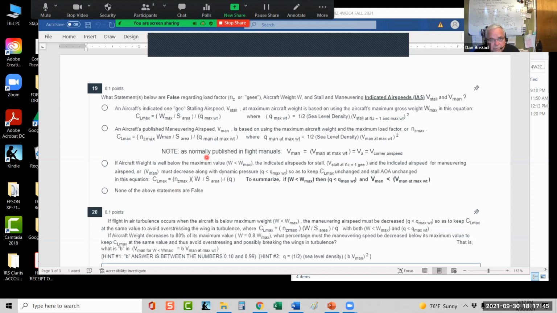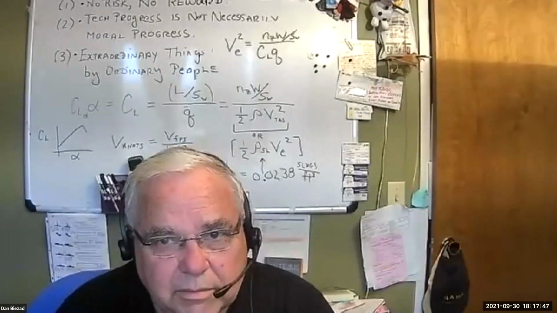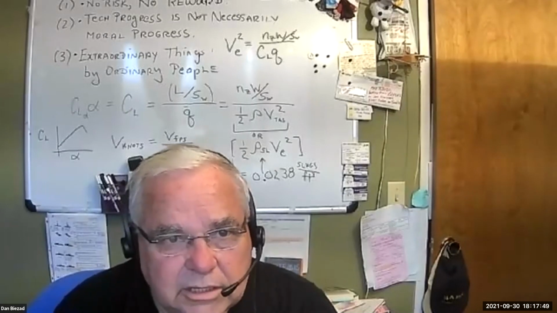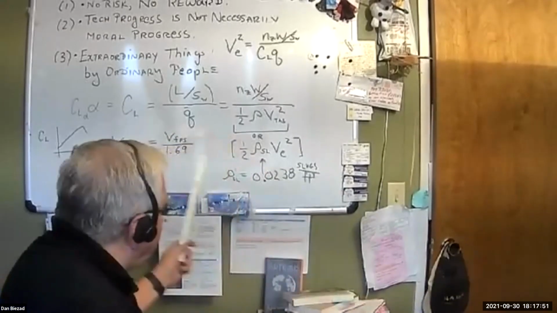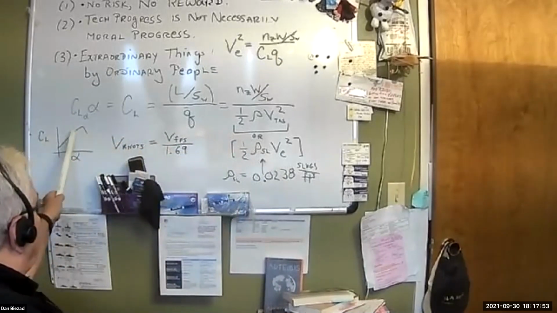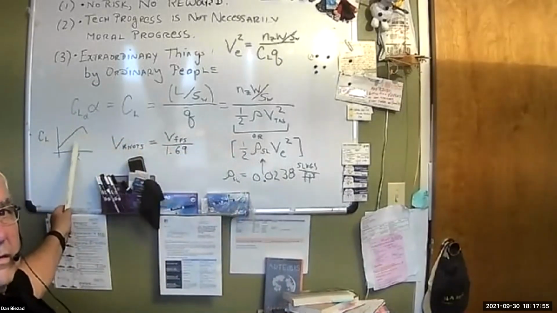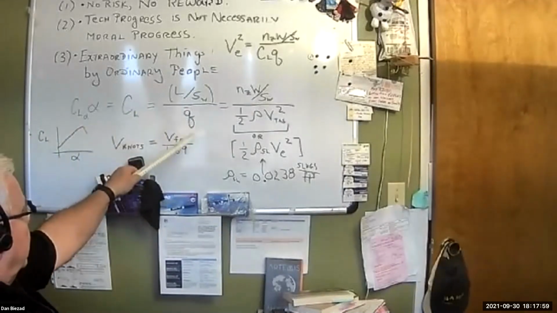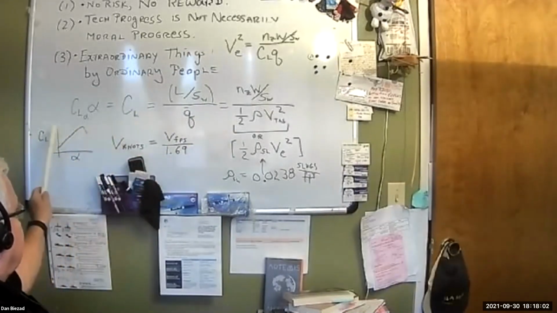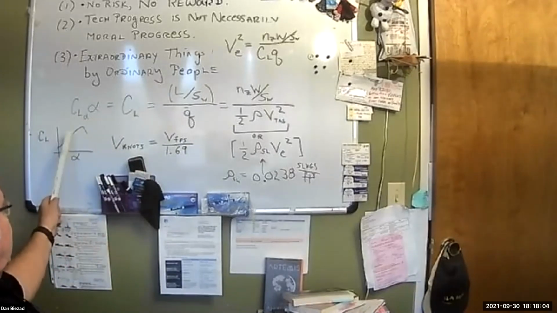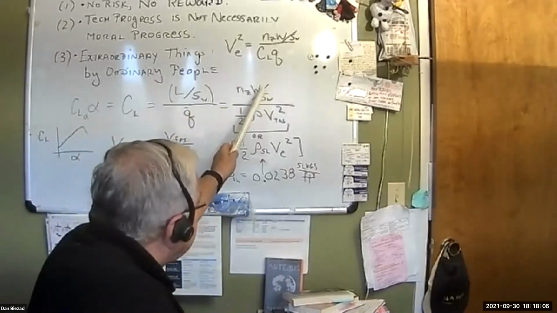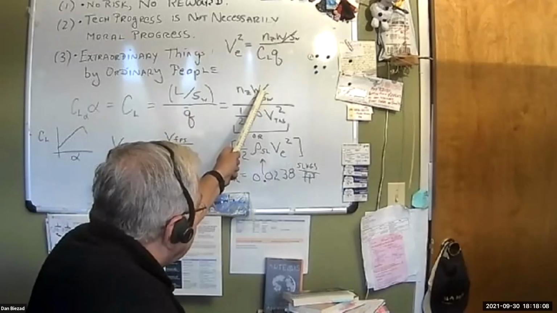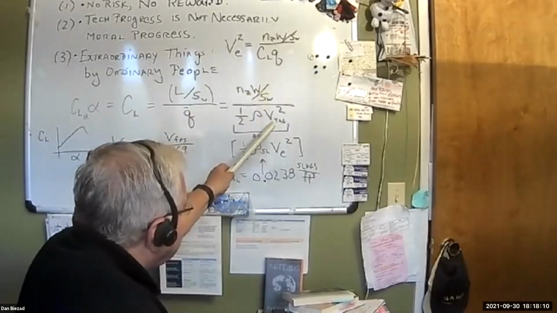I think the easiest way for me to explain this is to show you on my board here. Do you see the board here? This is the plot, CL max. That's the plot of angle of attack versus C sub L, and there's the formula for it over here on the right-hand side, right? And if you're at maximum weight, over here, then that's going to be your 1G stall speed.